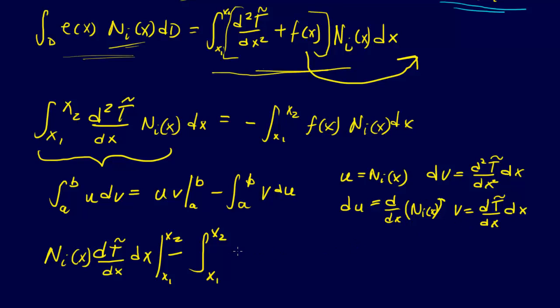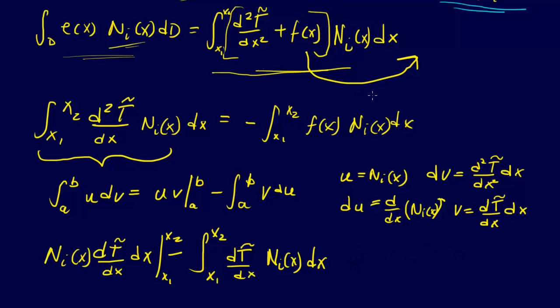So that'll be dt squiggly dx times the derivative of Ni of x. I'm just going to put the dx at the end here, where it belongs, as I could have put it with this dt squiggly. Okay, and that's what we get.